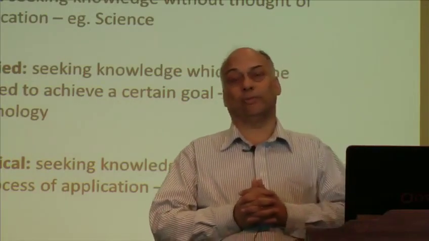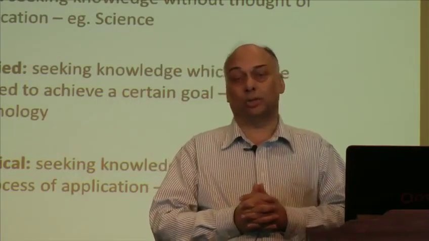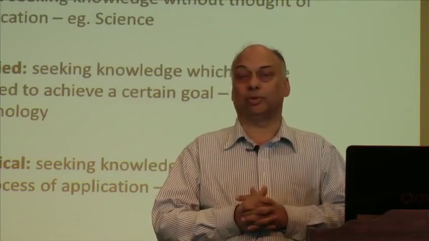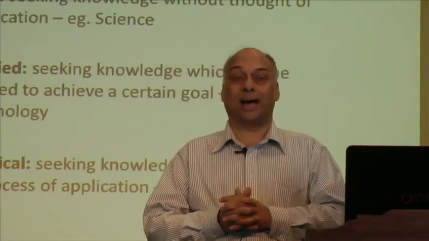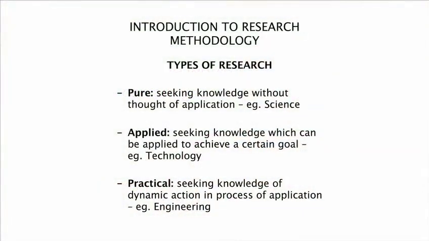Now, a lot of social science is not of that nature. A lot of social science is conducted because we want to apply knowledge. In other words, we want to better the world we live in.